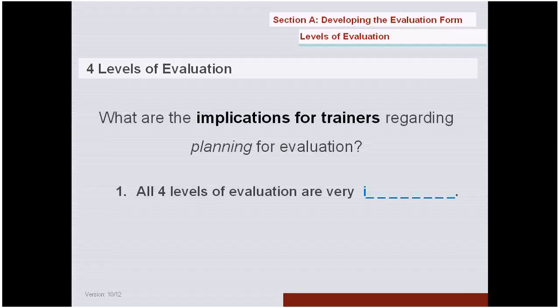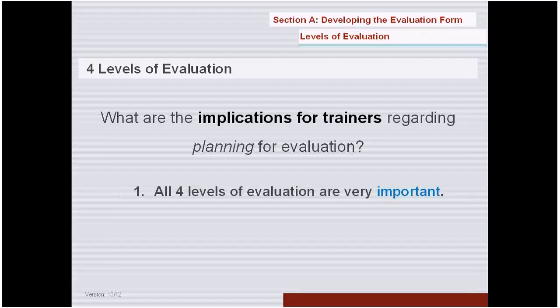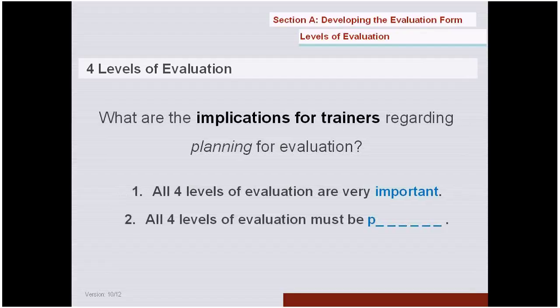What are the implications for trainers regarding planning for evaluation? All 4 levels of evaluation are what? Important. Exactly correct. All 4 levels are important. The next question, all 4 levels of evaluation must be what?